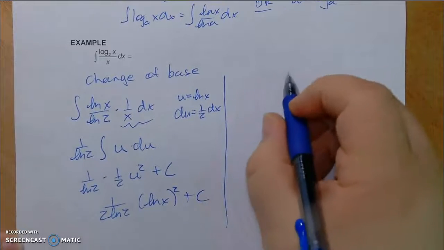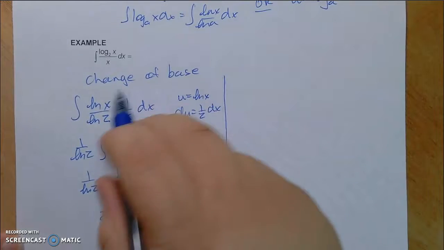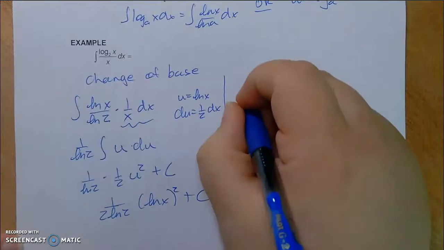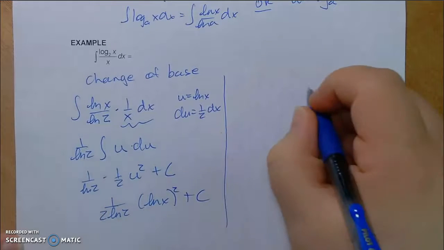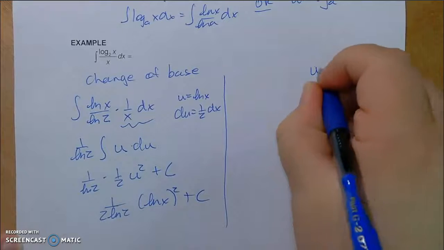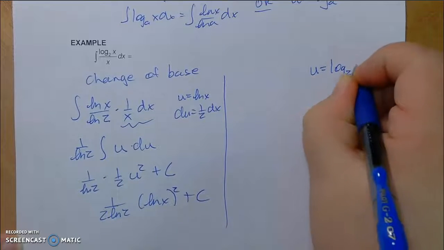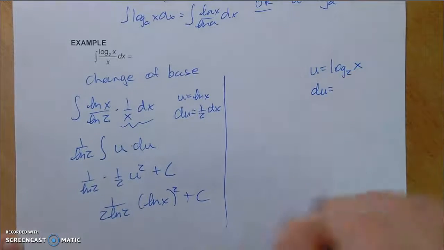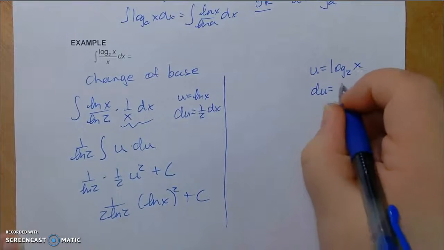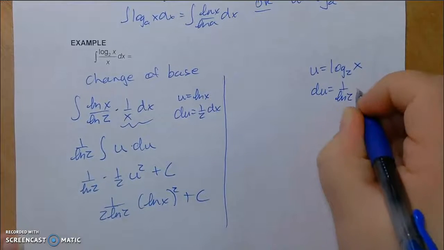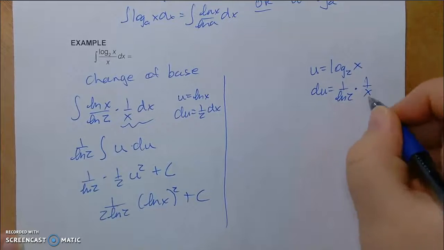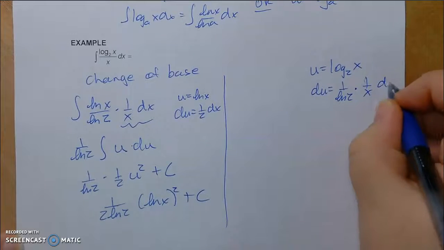Let's look if we just let u equal our logarithm here. So u equals log base 2 of x. du, well, we just learned to take the derivative, right? It's going to be 1 over the natural log of the base times 1 over the inside times the derivative of the inside, which is just 1, dx.